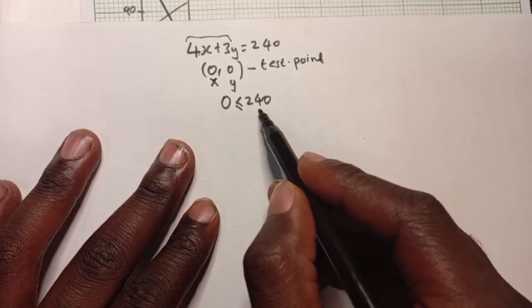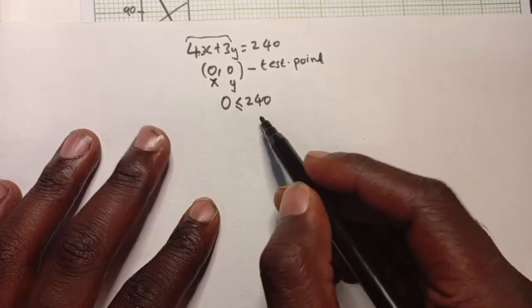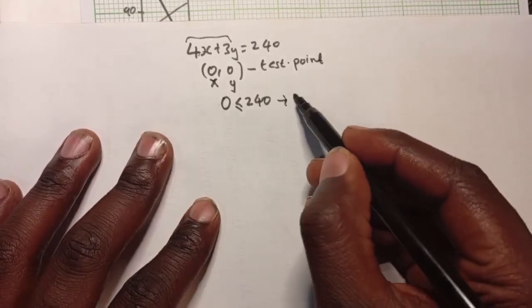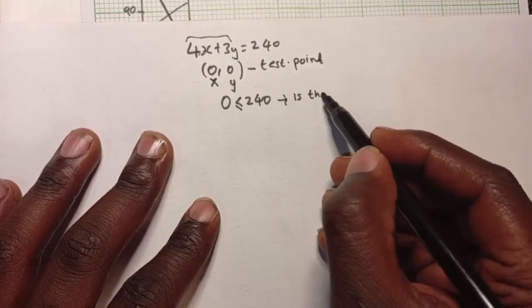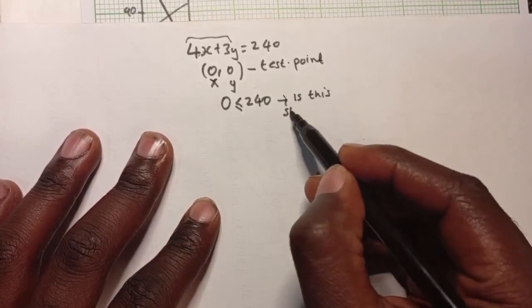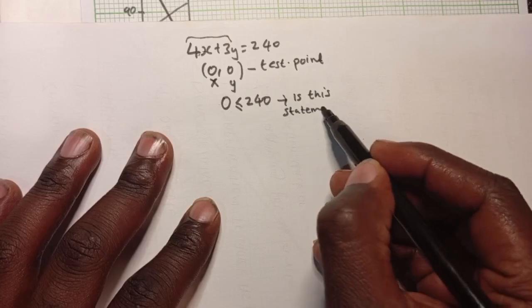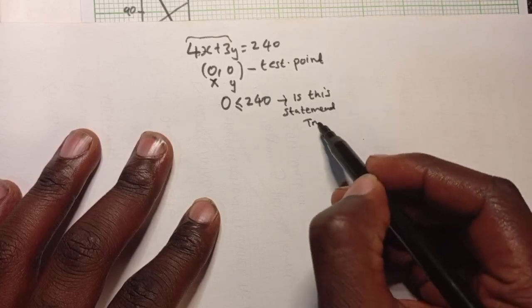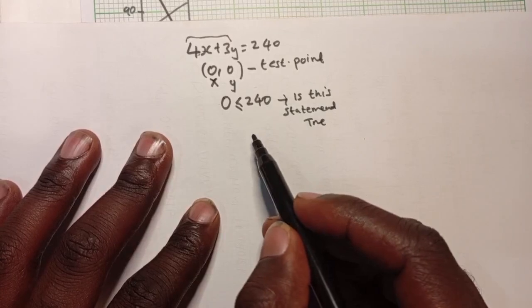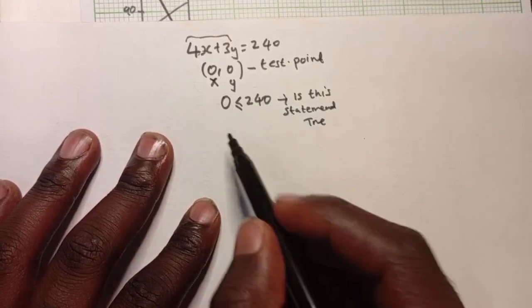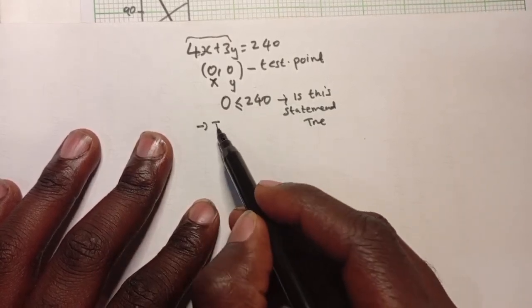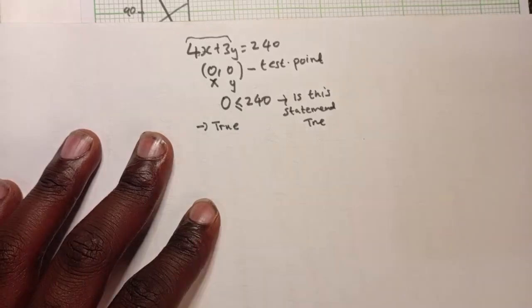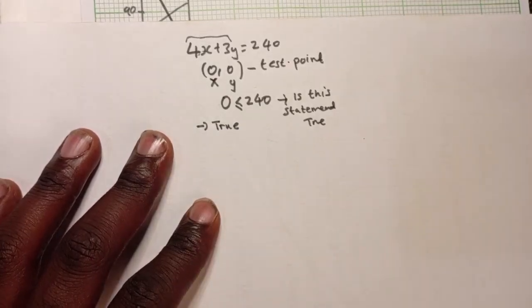So now you ask yourself, is this statement true? Is 0 less than 240? The answer is true. Now, what does true mean?